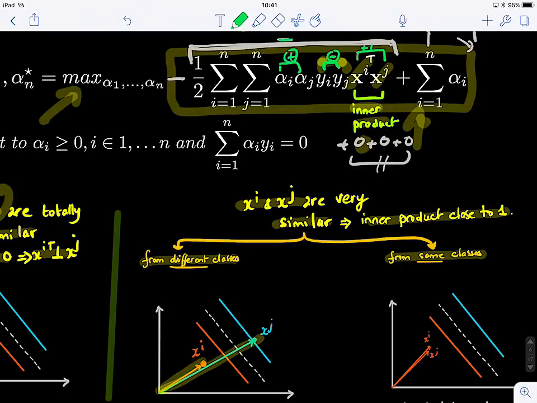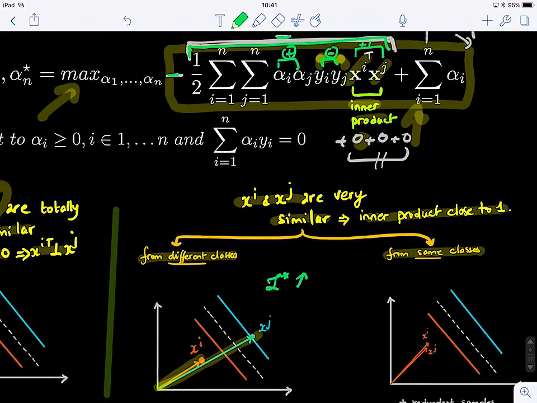So here, we're boosting the Lagrangian because negative times negative is a positive. So we're maximizing the Lagrangian. The dual Lagrangian is being boosted or maximized. So these are actually very good candidates. Why is that? Because their inner product is maximized because they're similar.